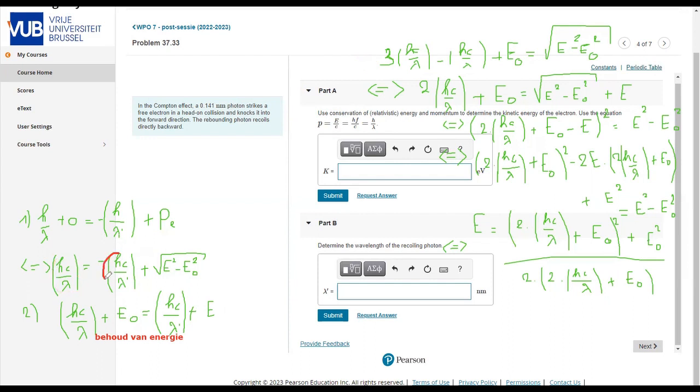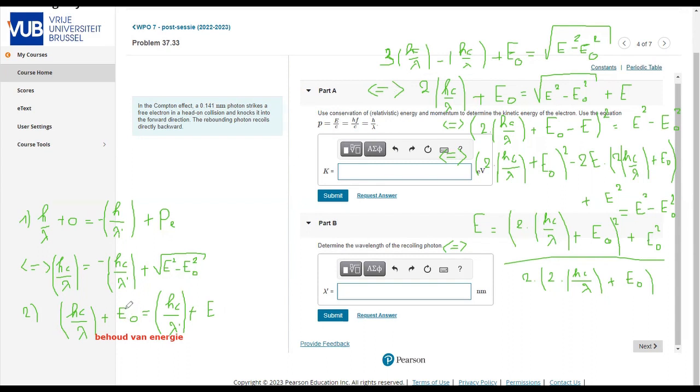When this one goes to the other side, it will be 2 times h times c over wavelength. So you will have 2 times the same thing there. If this is no more on the right side, then I just add this one. It gives me then 3 h times c, h the constant of Planck, c the speed of light.